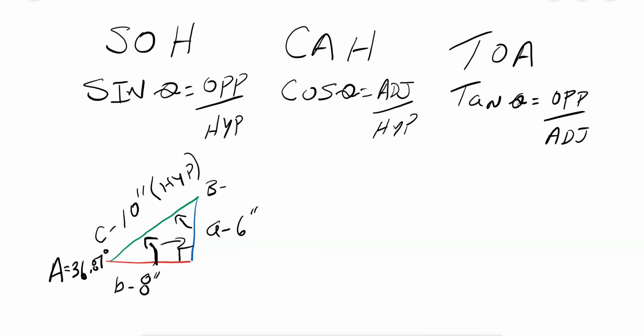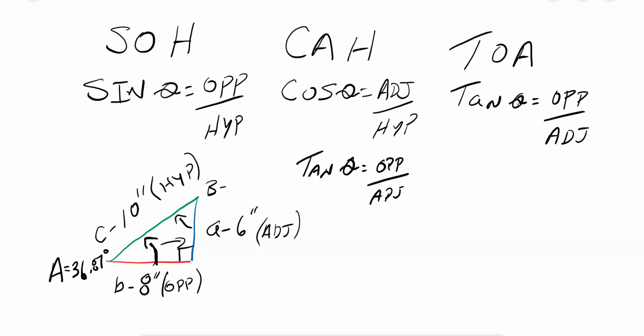B now becomes our side opposite the angle, and A becomes our side adjacent to the angle. We'll take the tan of theta equals opposite over adjacent. We'll transpose that, theta equals the inverse tan of 8 over 6.